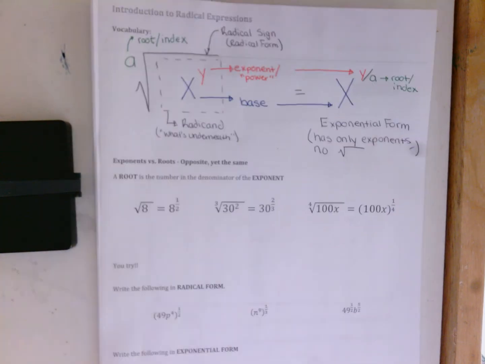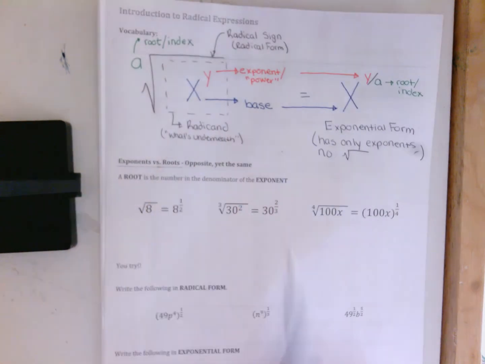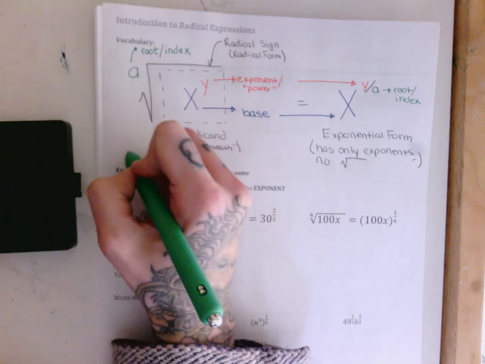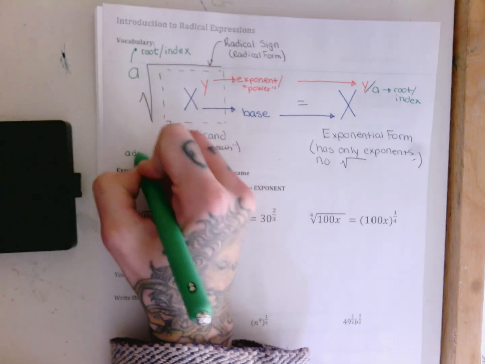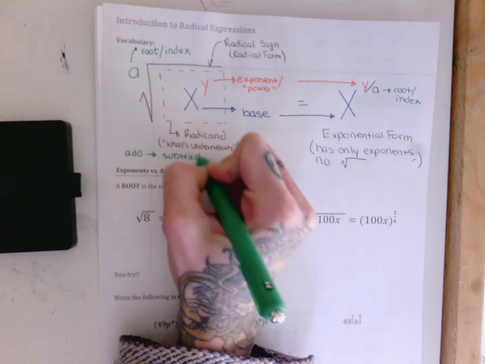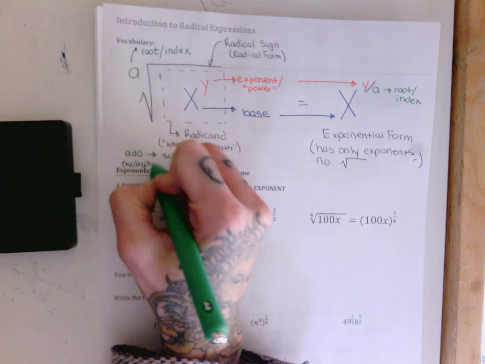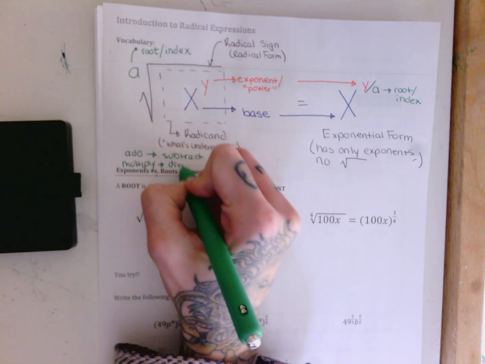Okay, so exponents and roots undo each other, okay? This is the same as add or subtract, or the same as multiply and divide.